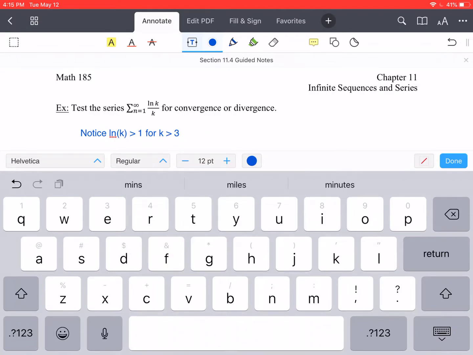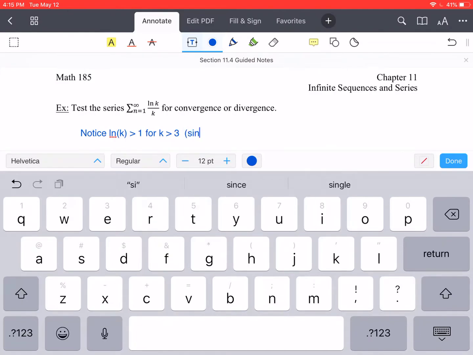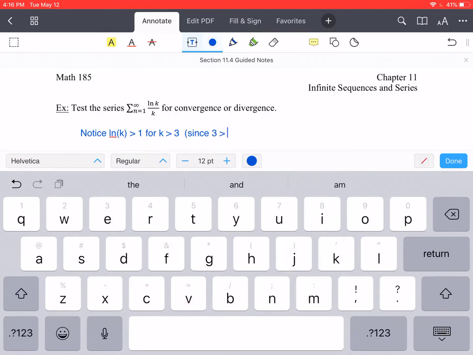Now why are we saying for k greater than 3? Well, that actually comes from when we worked with this example previously. We saw that ln of x was greater than 1 for x greater than e, but we're only dealing with whole numbers here. So we can just mention this is since 3 is greater than e.